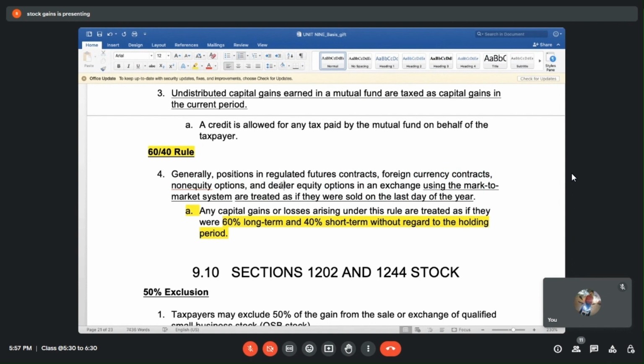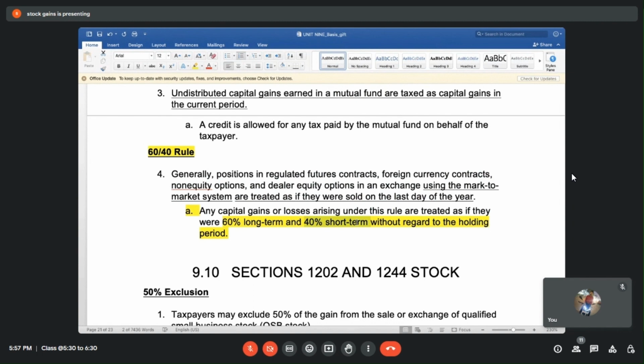We don't have to present anything or prove it. Maybe it's 100% short term, but we have an advantage if we go with the 60-40 rule. Or maybe it's 100% long term, and there we are in a disadvantageous position because we still have to put 40% as short term. Practically speaking, it's never 100% long term, because usually they take these positions for 2-3 months and all.